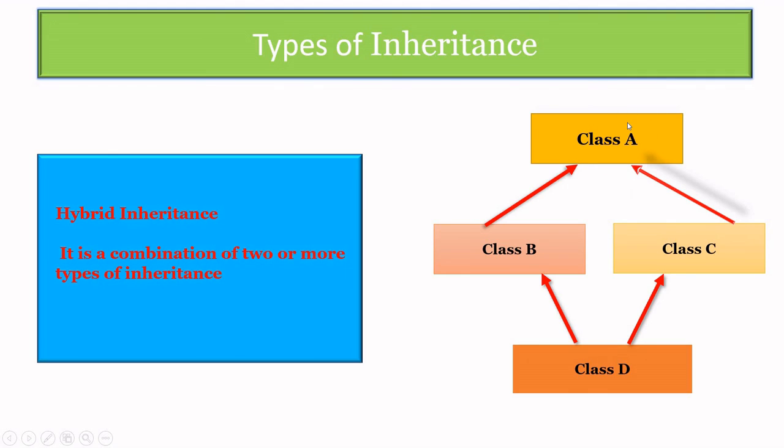In the first level, as I already told, you have hierarchical inheritance: two or more classes inheriting the properties of one base class. So in hybrid inheritance you have a combination of two or more types of inheritance. That's why it is called hybrid inheritance.